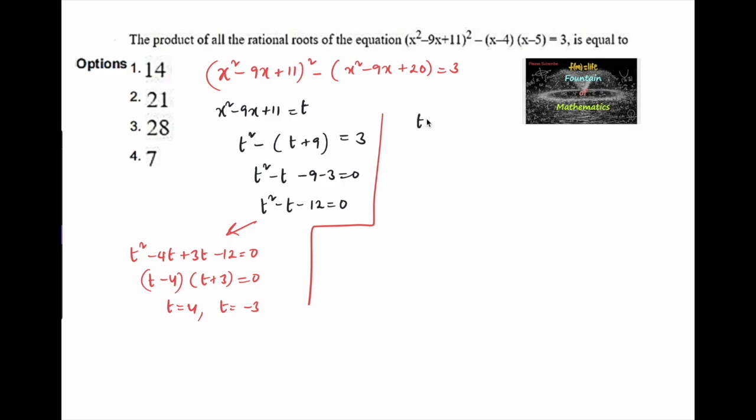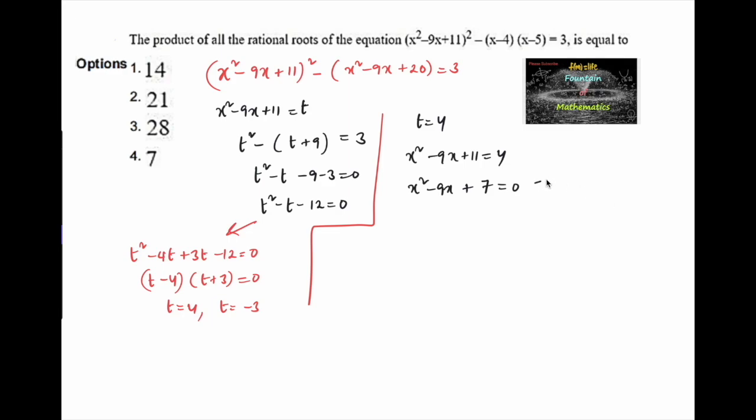So when t is equal to 4, that is x square minus 9x plus 11 is equal to 4. That is x square minus 9x plus 7 is equal to 0. 11 minus 4 is 7.